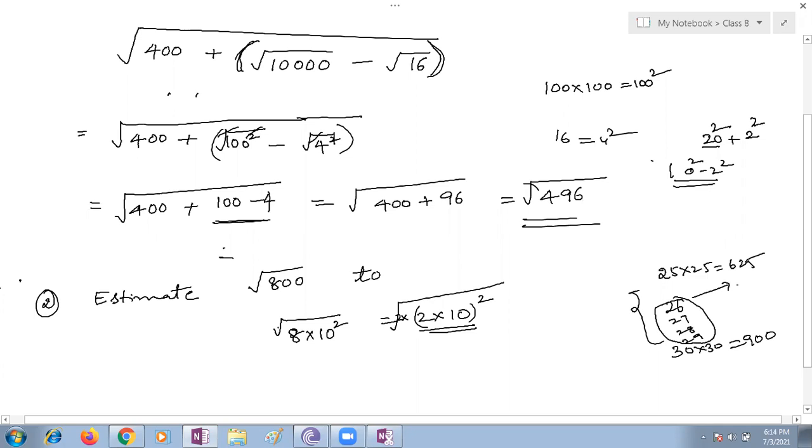Ma'am, 26 square will be nearer to 700, not more than that. How much? Ma'am, 676. 676. Good, Ritvika. 29 square. Ma'am, 841. 27 square.